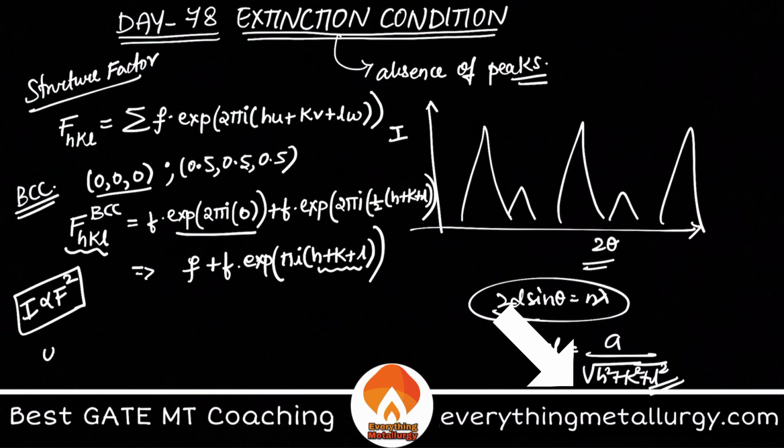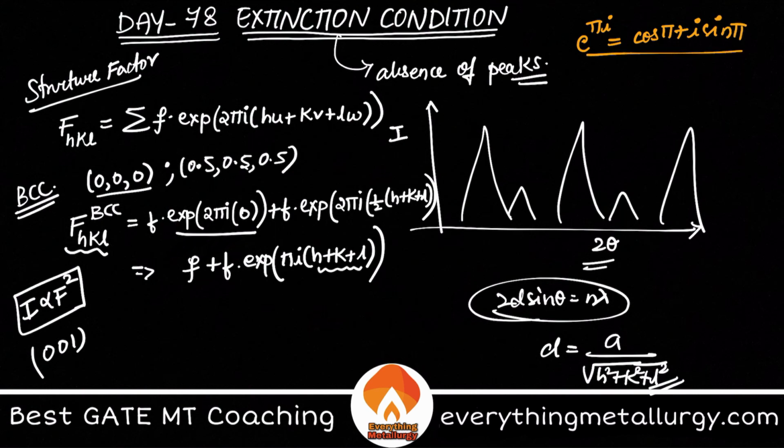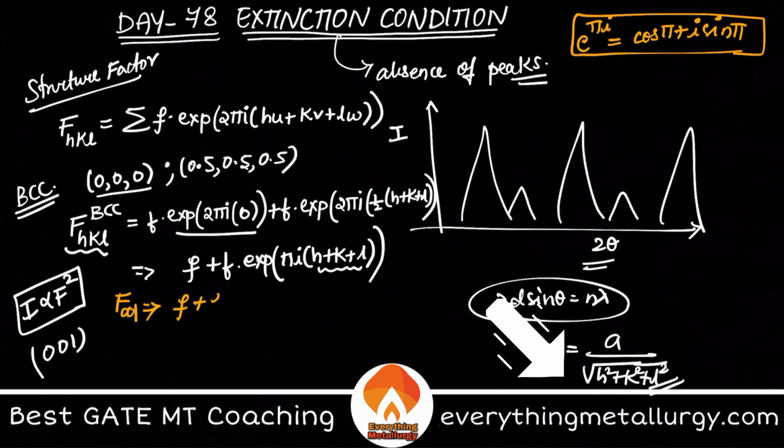Now let's take 0, 0, 1. What is e power pi i? We usually write e power pi i as cos pi plus i sin pi. So for 0, 0, 1, F_001 will be equal to f plus f into exp of pi i into 1, as h plus k plus l is 1 now.